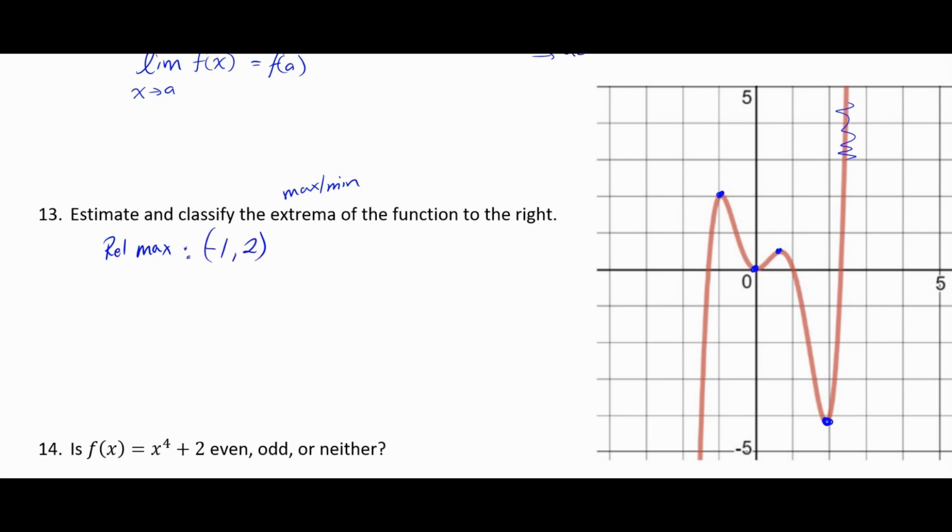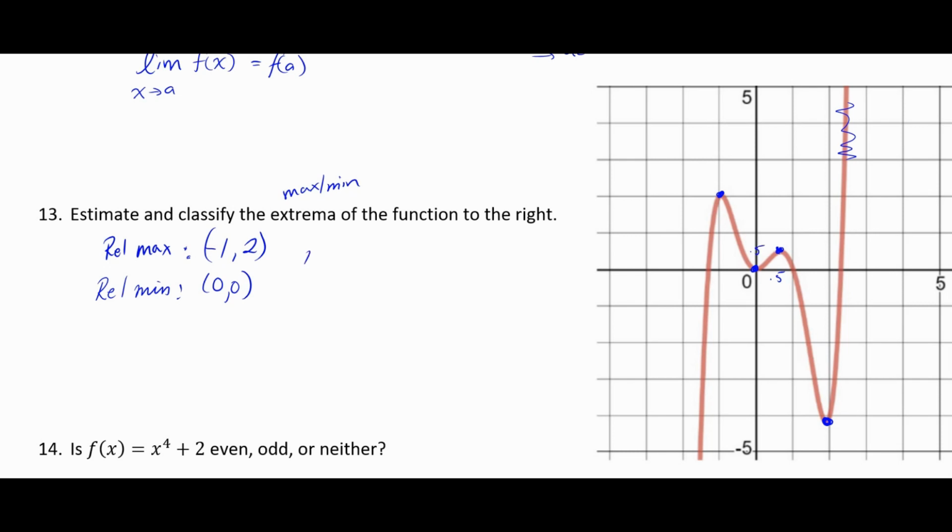And then I have a relative minimum, not an absolute minimum because there are many points that are lower, but this is at the bottom of a valley. So we could say a relative minimum at what looks to be about 0, comma 0. Then I have another maximum right here that looks to be about 0.5, comma 0.5.